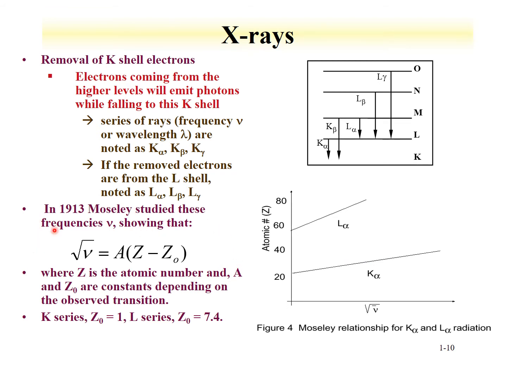You can actually identify that relationship here. And what this means is that the X-rays can be used to identify the elements that are emitting those X-rays. So X-ray fluorescence is a powerful tool to identify elements in materials. And again, as we discussed earlier, Moseley in 1913 showed this relationship.